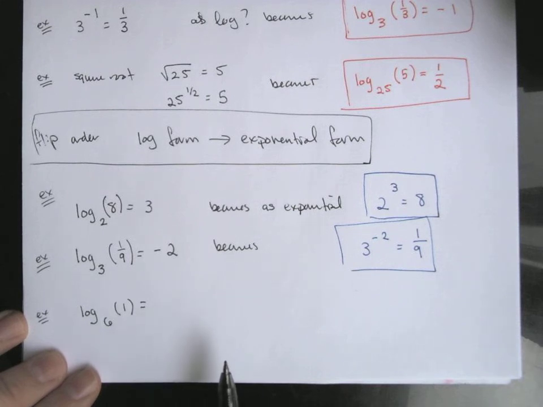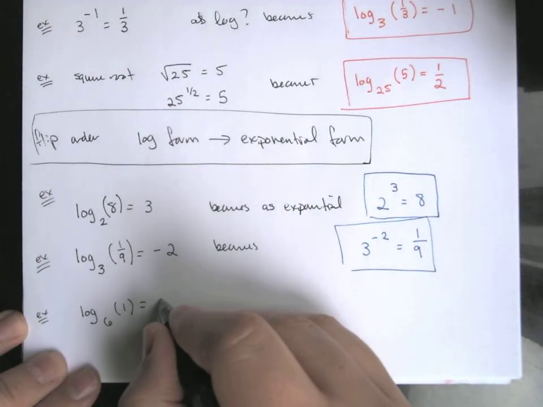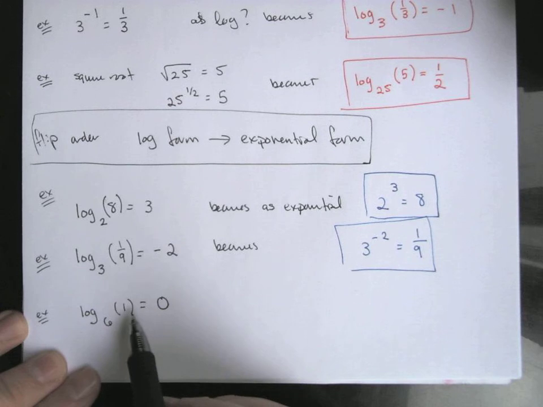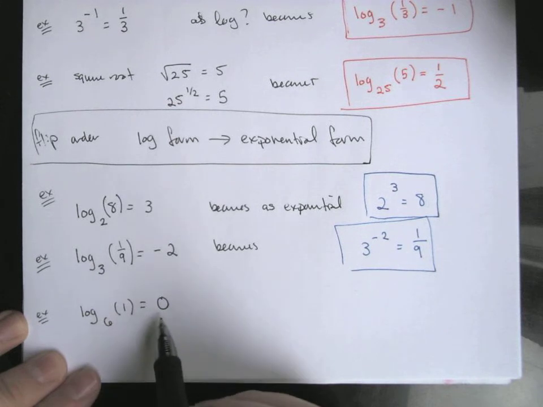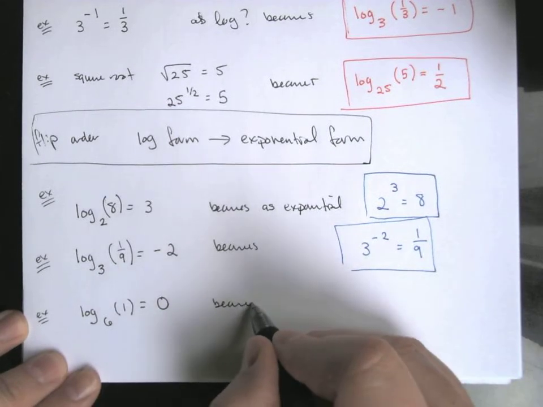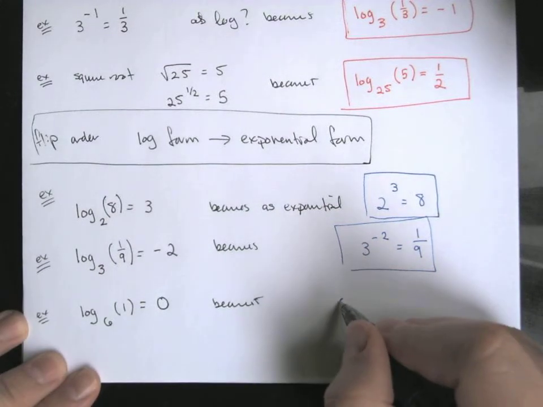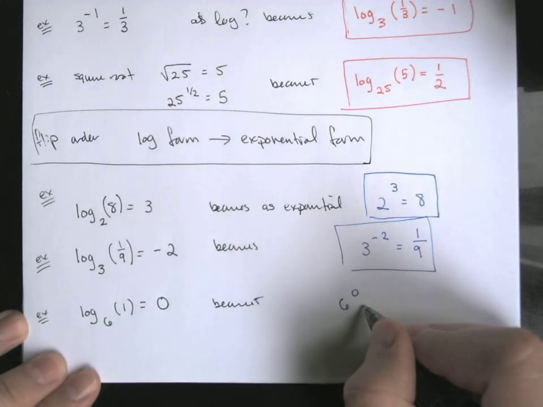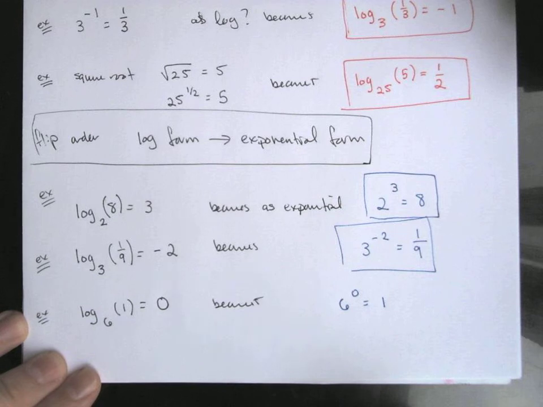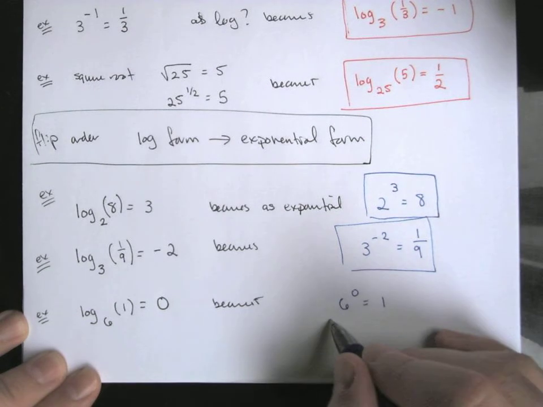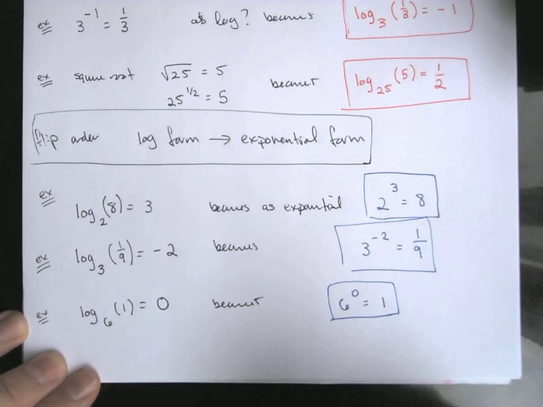How do I get from 6 to 1? The answer is, anything raised to the 0 is going to become 1. So log base 6 of 1, the power has to be 0. If we double check this in the exponential form, 6 raised to the 0 equals 1. That totally checks out. That's exactly what we would expect.